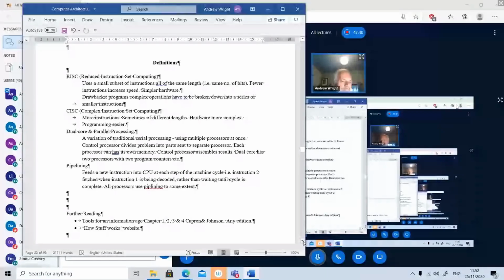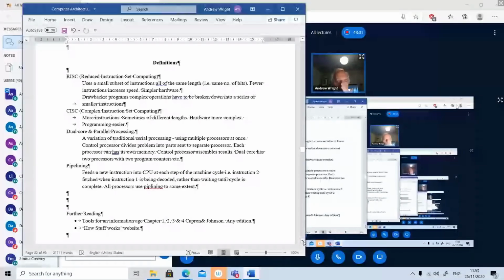Definitions. Years ago, we used to talk about RISC and CISC, and it's basically the instruction set. So RISC would have all of its instructions the same size. The beauty of that is that the hardware is simpler. If all your instructions are 8 bits, then that's all you have to cope with on your hardware.